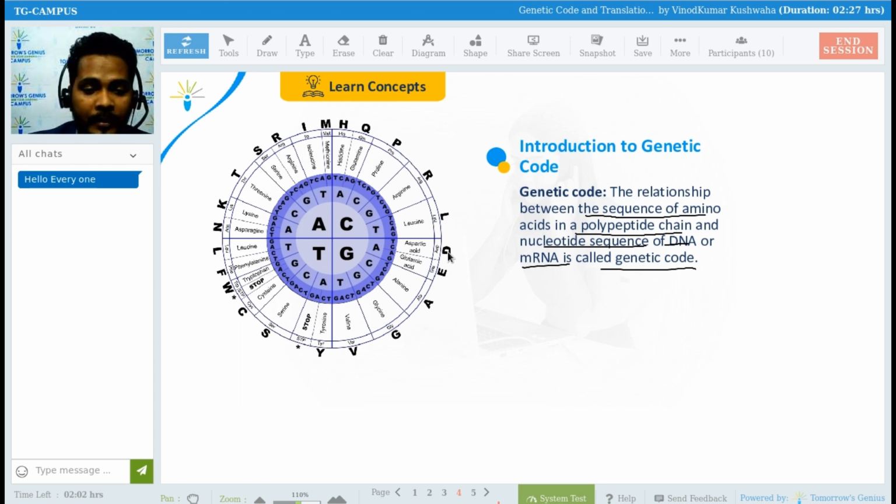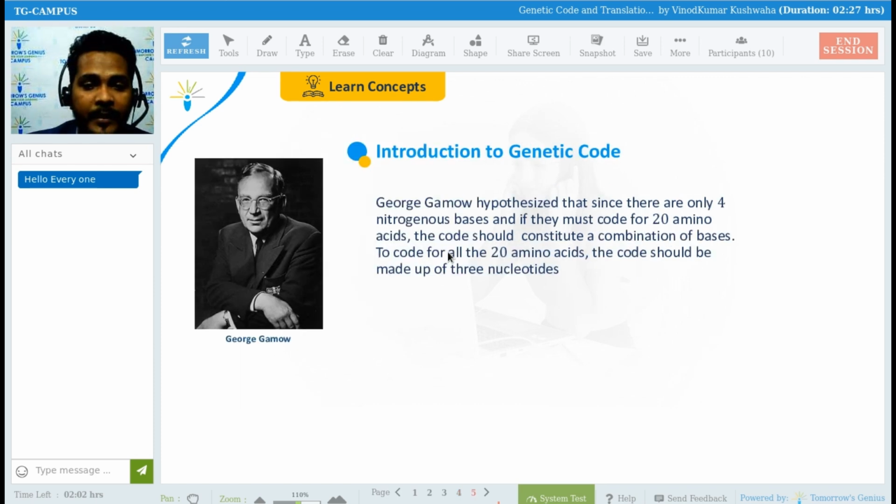Let's see the name of the scientist, the very first one, that is George Gamow. It's George Gamow who hypothesized that since there are only 4 nitrogen bases, and if they must code for 20 amino acids, the code should constitute a combination of bases. What is the combination of bases?